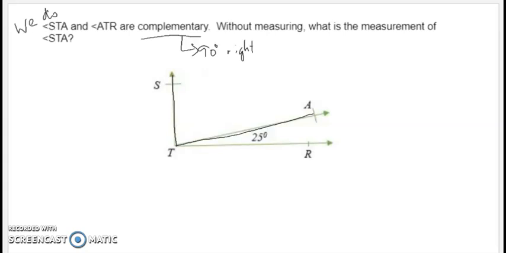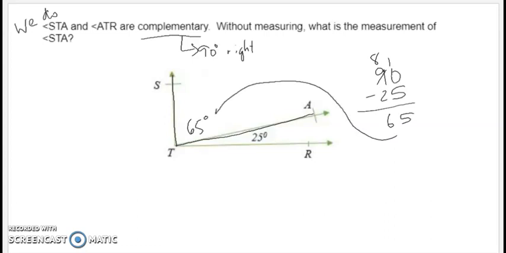We're told STA and ATR are complementary. That means if we drew that in, we should have a right angle here. Together, those make a right angle. So if they're a right angle together, and that part's 25 degrees, then we're left with 65 degrees for the other part. Because if we're right, 65 plus 25 should be 90, and it is.